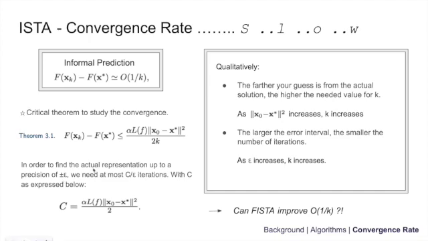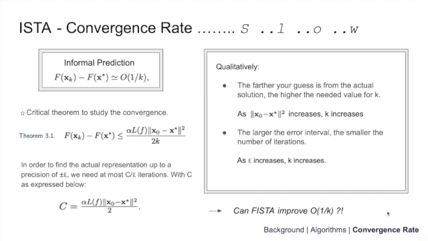We essentially solve for k and obtain c over epsilon, where c is that quantity expressed below. Qualitatively, the further you take your guess, the more iterations you will need. And the larger your error interval, the less number of iterations, because you will converge faster.